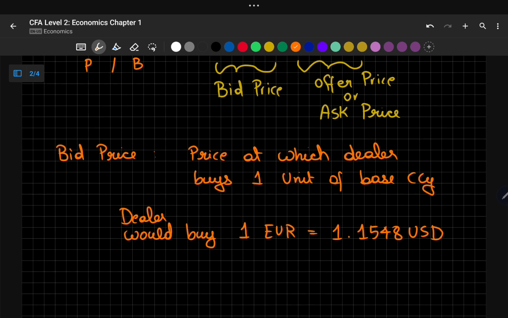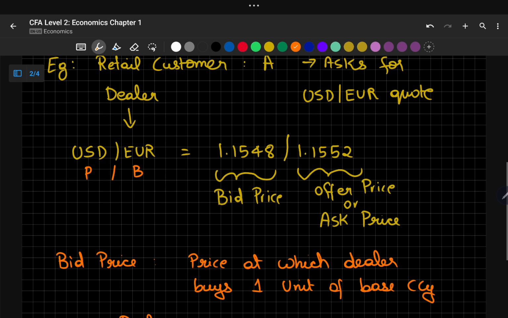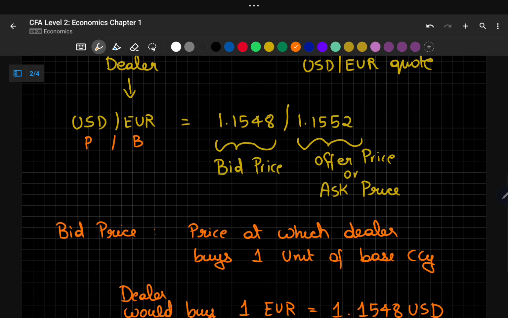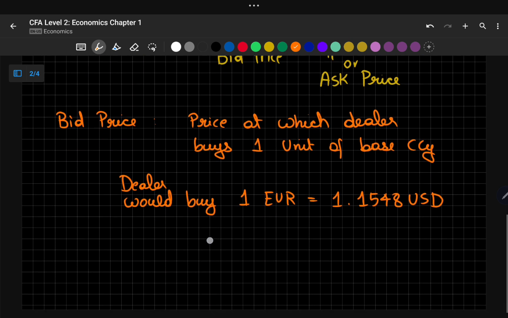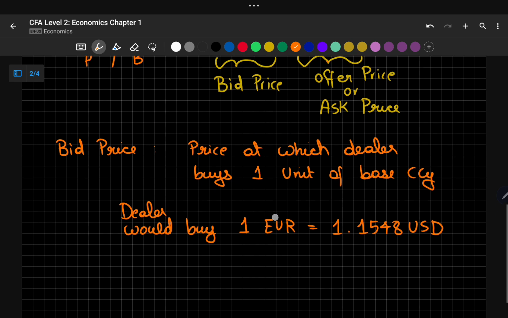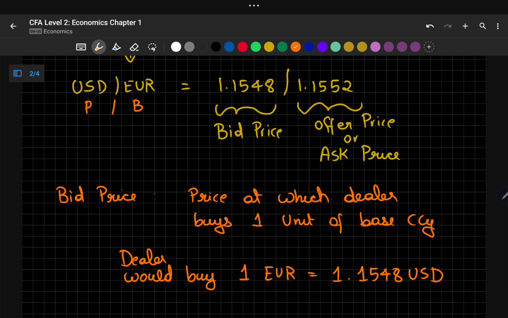So if a retail customer A goes to a dealer and asks for a USD euro quote, the dealer will quote two prices, that is the bid price and the ask price or offer price. Now what is the bid price? Bid price is the price at which the dealer will buy 1 unit of base currency, and then multiply it with the amount we want.